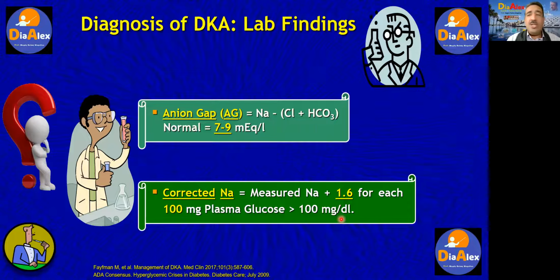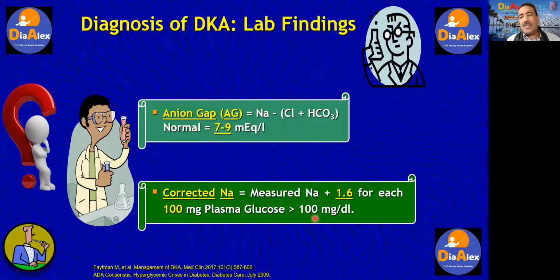In the treatment, you do not work on the measured sodium, but you need to calculate the corrected sodium level. So how to calculate the corrected sodium level? Well, if the measured sodium is 130, for example, and the blood glucose is 500, so when the blood glucose is 500, we have 400 above the blood glucose level of 100.